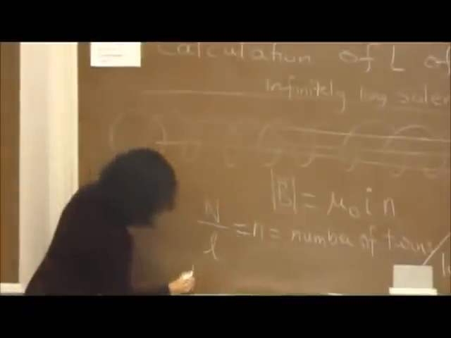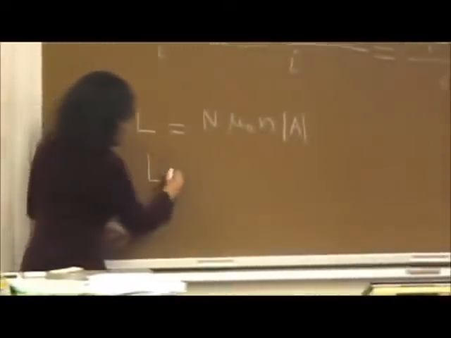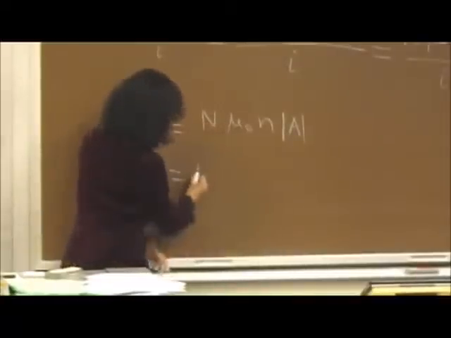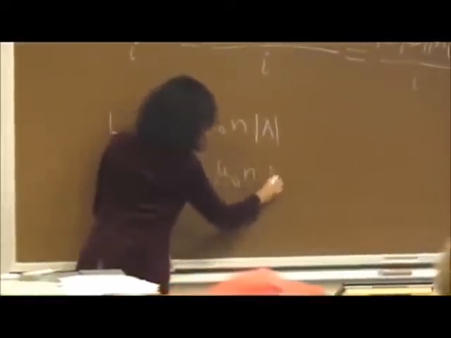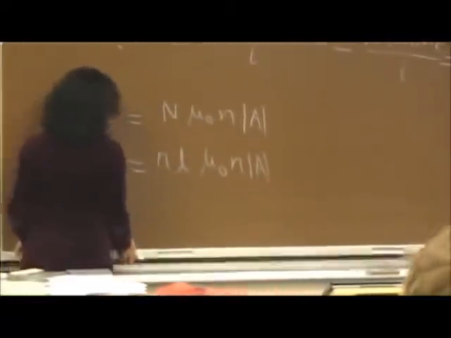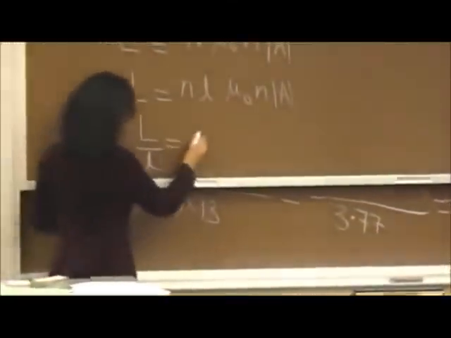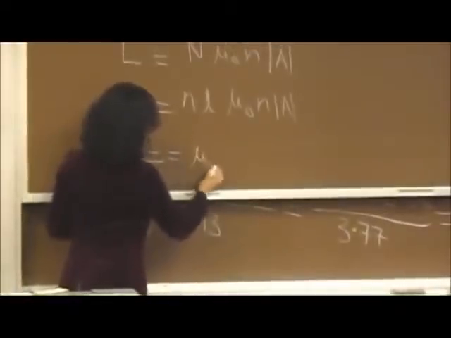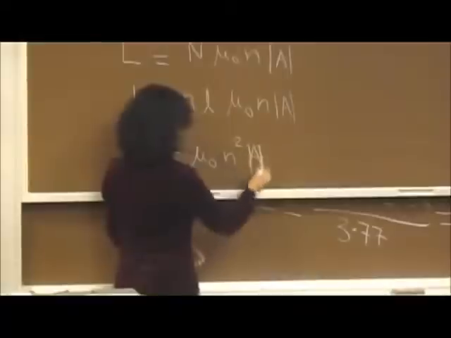So from here you can see that N should be equal to little n times L, where L is the length of the solenoid. Then if we want to write everything in terms of little n, this will be n times L times mu 0 n times A, or the inductance of the solenoid per unit length will be mu 0 n squared times A.